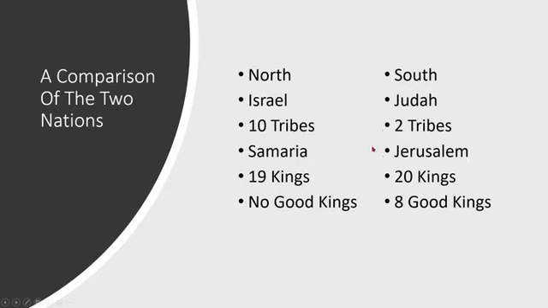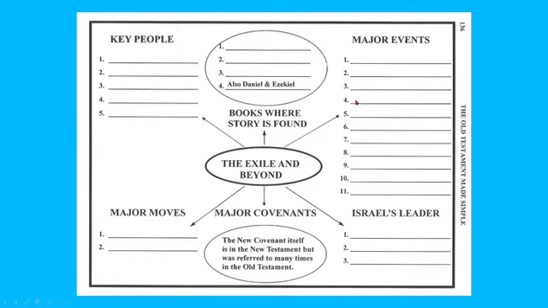God's temple was at Jerusalem. There were 19 kings of Israel, 20 kings of Judah. Out of Israel's kings, there were no good kings whatsoever. Out of Judah's kings, there were 8 that were good kings. That's very important for us to understand and to see.